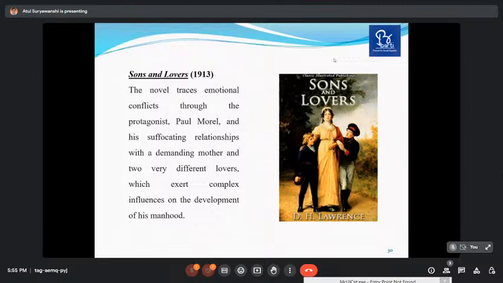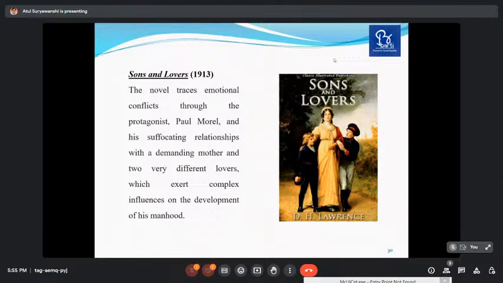Now, at one point, when his mother was burning there, Miriam was standing just beside Paul Morel, and he said, Miriam, I love my mother too much. She said, yeah, I know, every son loves the mother. He says, no, I'm not talking about that love. This is the physical love which he intends in his mind.